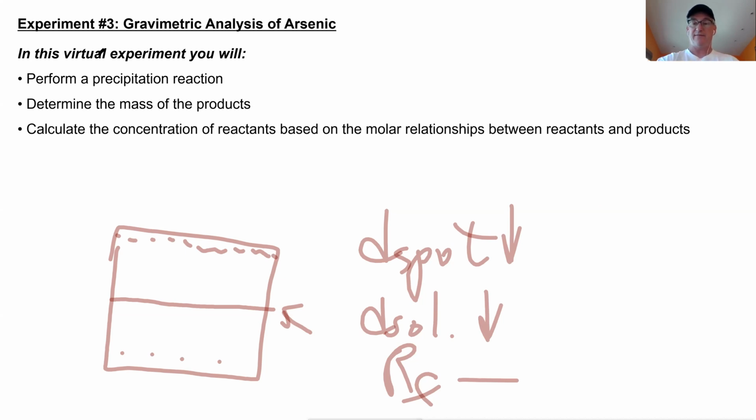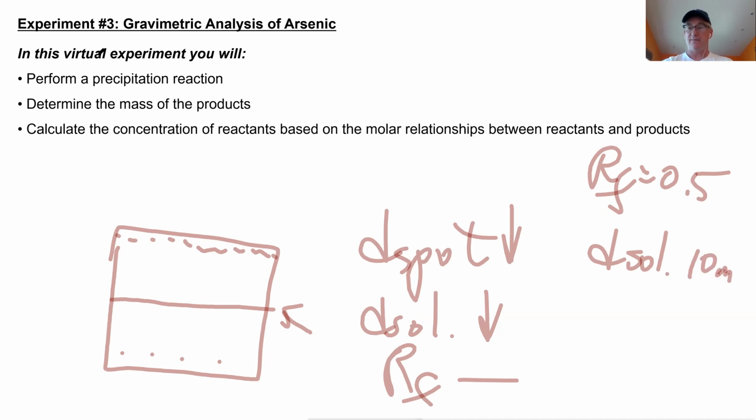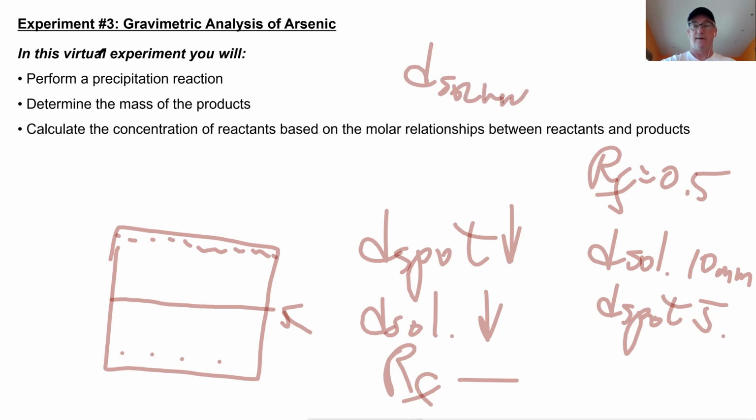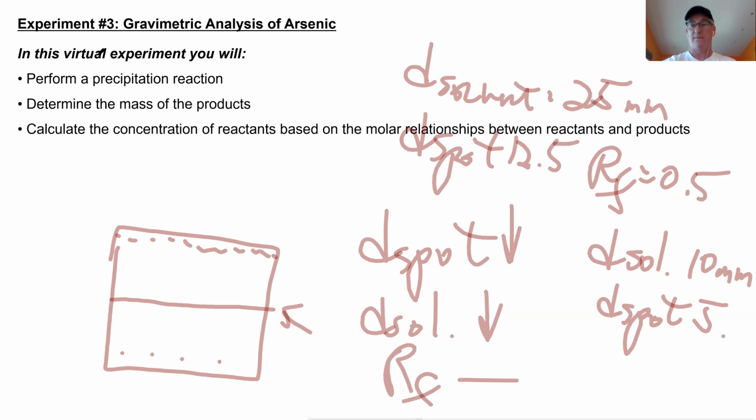Because if my RF is 0.5, if my D solvent is 10 millimeters, my D spot is going to be 5. If I let it run longer, so that my D solvent is 25 millimeters, well, now my D spot is going to be half of that again. It's going to be 12.5.